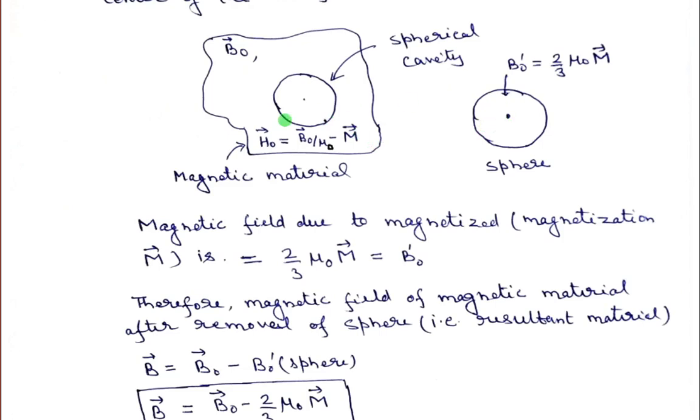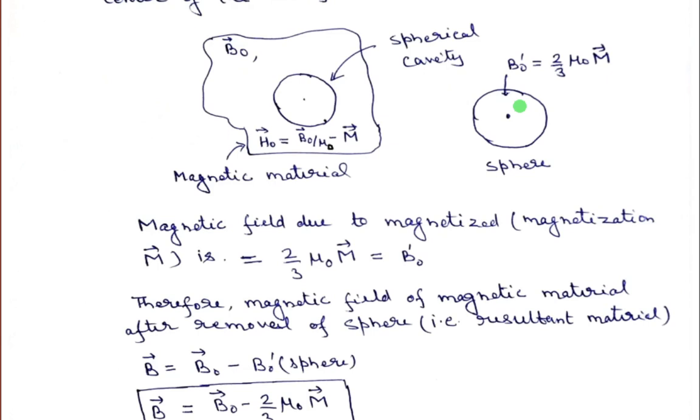this sphere from this material, obviously it means we have also removed the magnetic field associated with the sphere. In my previous lecture, if you go back, I have clearly explained the magnetic field due to a uniformly magnetized sphere.